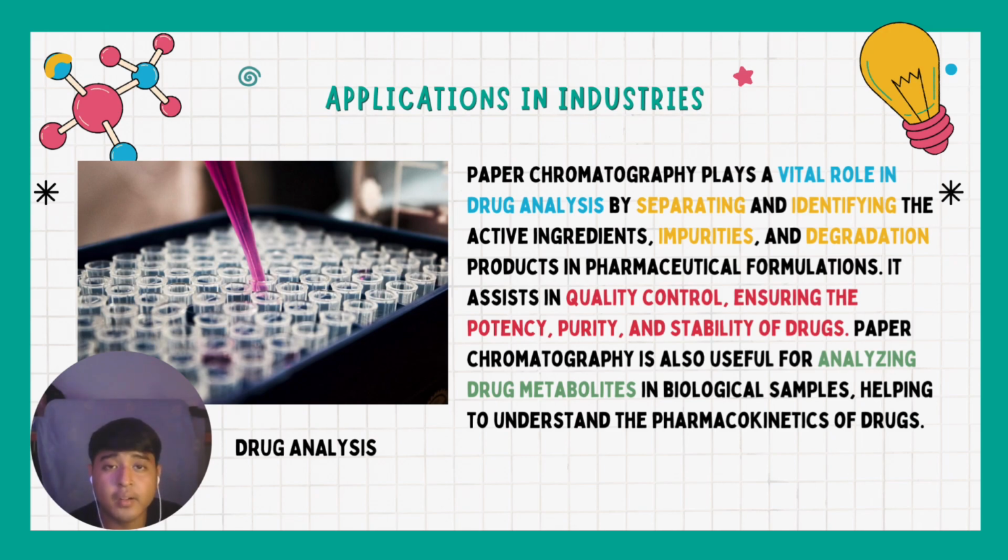It is also useful for analyzing drug metabolites in biological samples. So it can help others to understand the pharmacokinetics of drugs, which shows whether the drug is safe or not.